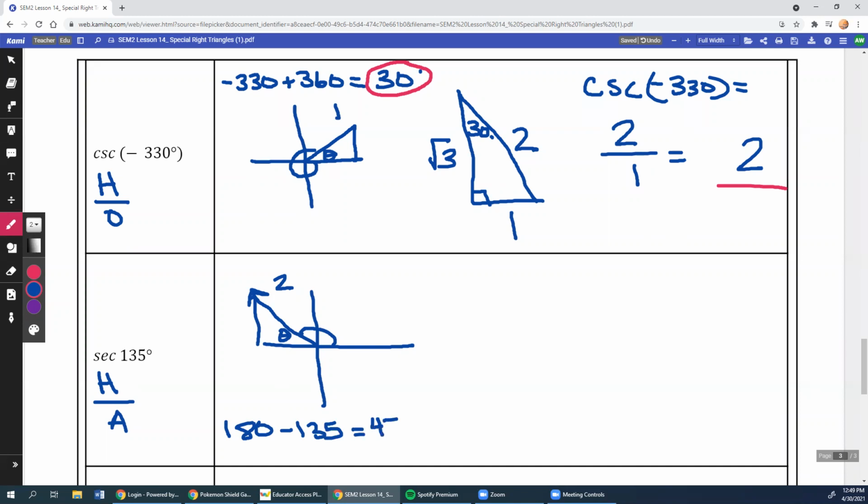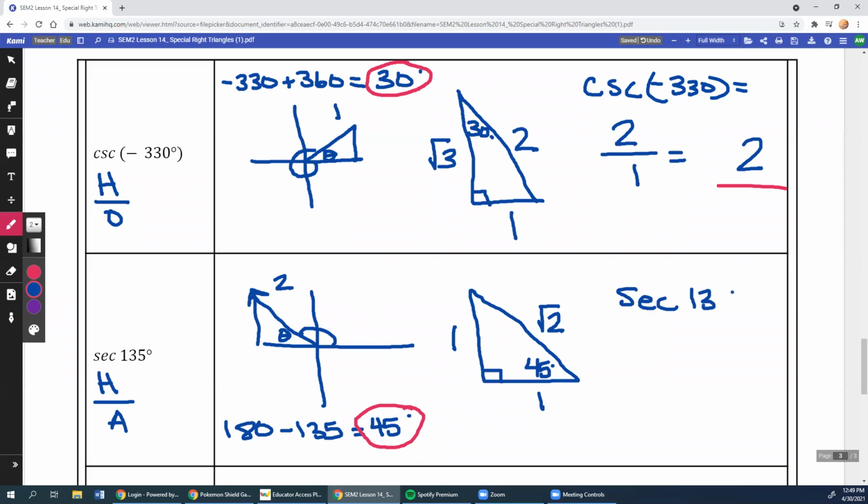And this is going to give us a 45. So that is our reference angle. So we are using our 45 right triangle. Legs are both 1. Hypotenuse is square root 2.